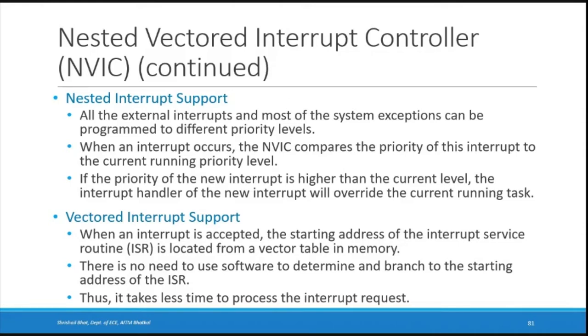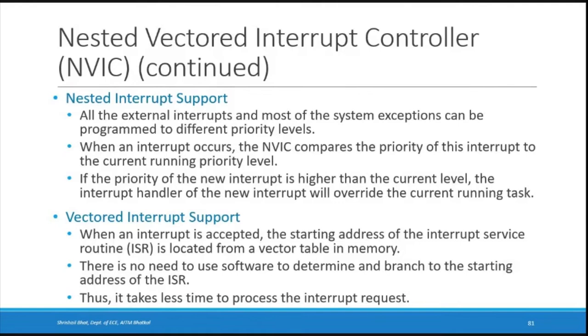The current running task will be preempted, and the newly arrived interrupt will be serviced first. So that's called an interrupt within an interrupt, or nested interrupt support. If the newly arrived interrupt has a higher priority, then the currently running interrupt will be kept on hold, and the newly arrived interrupt will be serviced first.